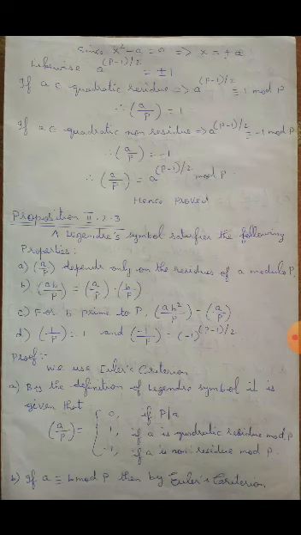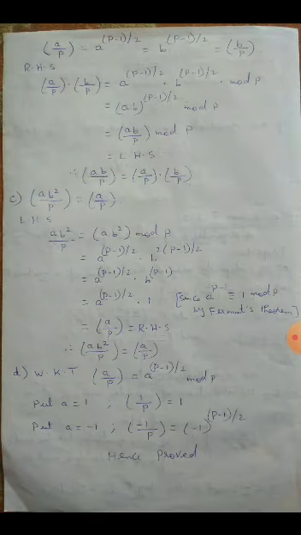Let us see the second property. If a is congruent to b mod p, then by Euler's criterion, (a/p) is equal to a^((p-1)/2). In the place of a, replace b: b^((p-1)/2). We can write it as (b/p).